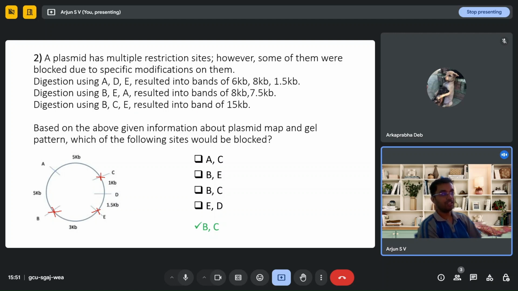But you are getting only one band of 15 kb. E, we already know that it's working well. B, you know it's not working. So C also should not be working. That's when you get only one band when you cut only one side. So E is working fine, but B and C are not working.